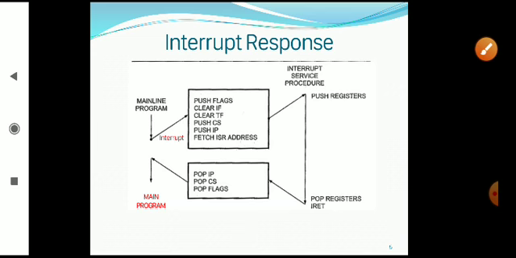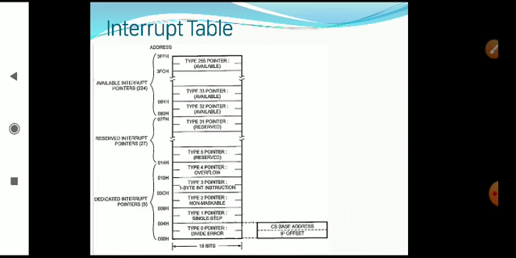The next part is the interrupt table. What is meant by the interrupt table? The interrupt table is the link between the type of interrupt and what kind of ISR, that is, what kind of service has to be given to the external device. This information is available in the interrupt table.